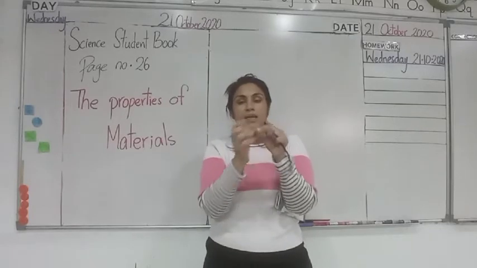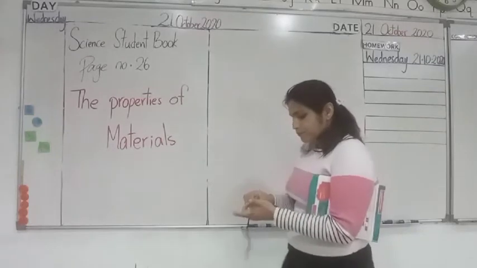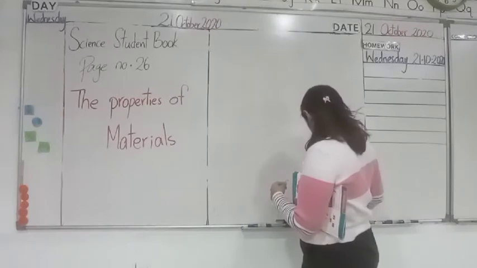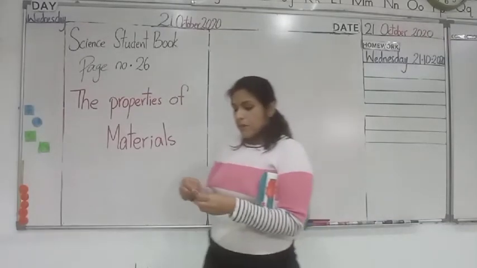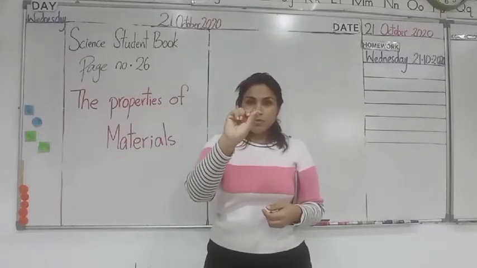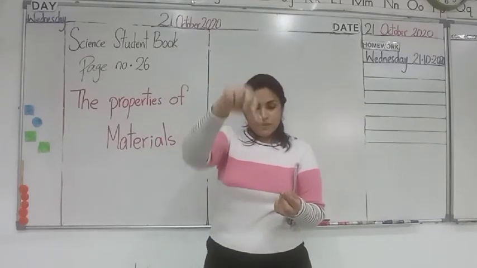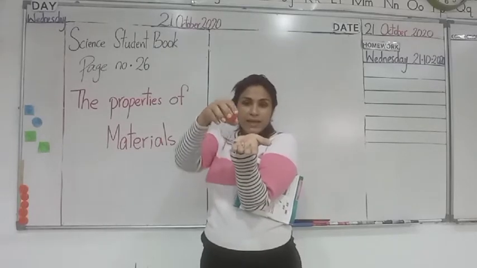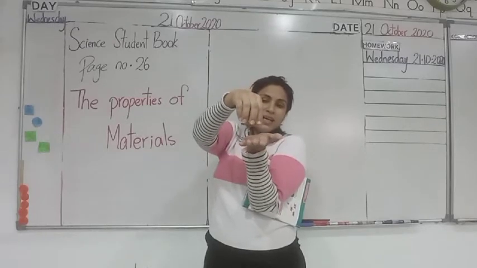It's not getting attracted. Now I'm going to use pins. The paper clip. Do you remember paper clip? And the safety pin. So what do we do? If you could see my hand, I have it. Can you see?